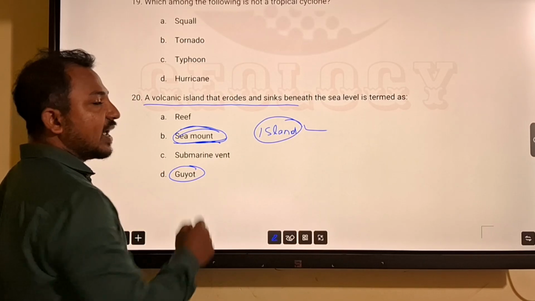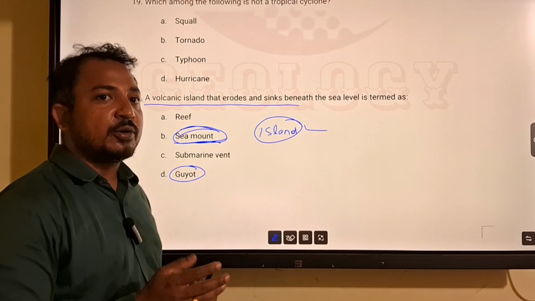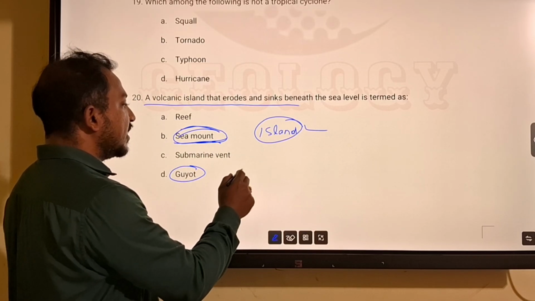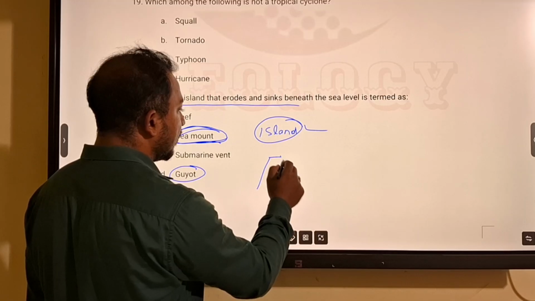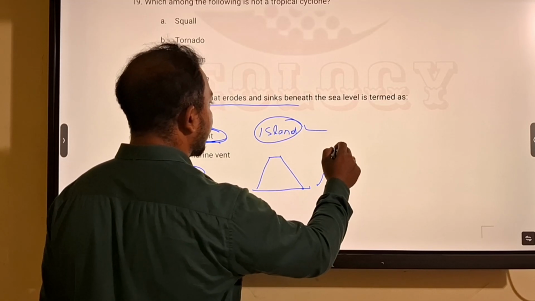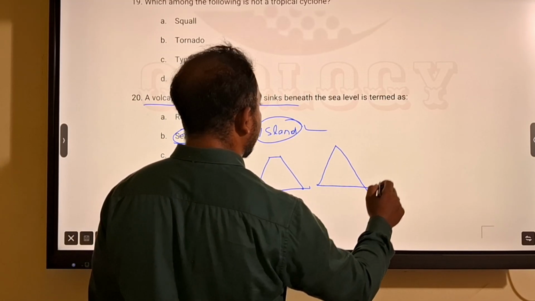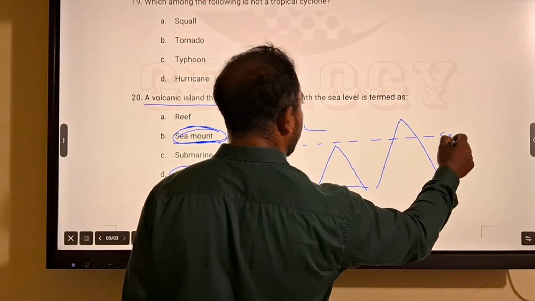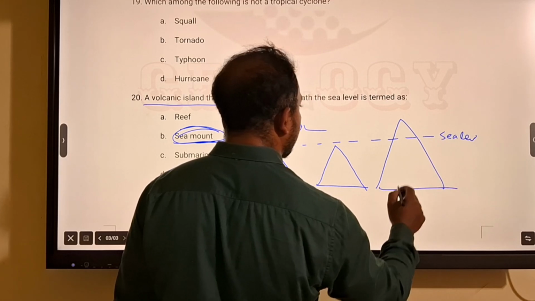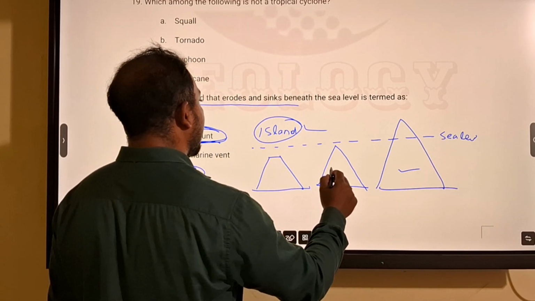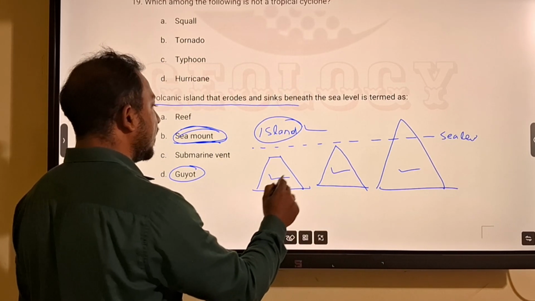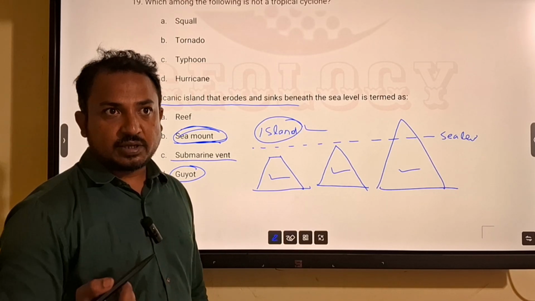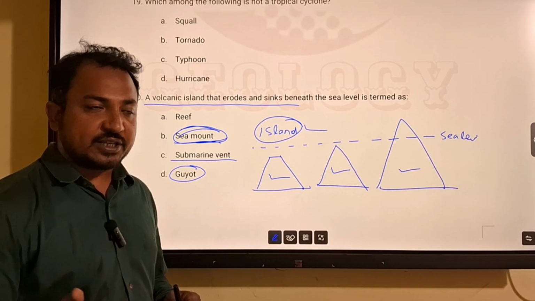If it cannot grow to the sea level, then it is called a seamount. If an island erodes, it produces a flat top, which is called a guyot. Suppose this is the sea level. So this will be the island, this will be the seamount, and this will be the guyot.